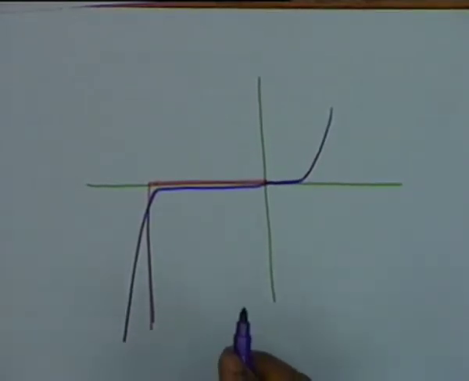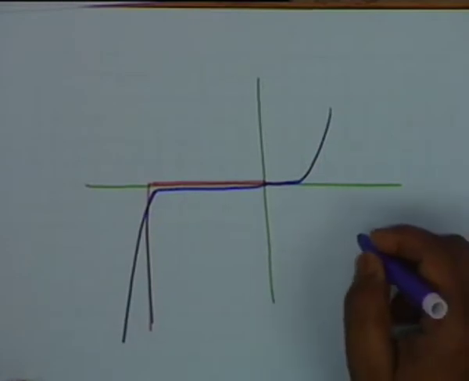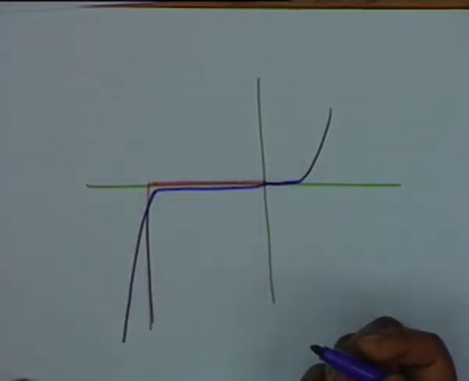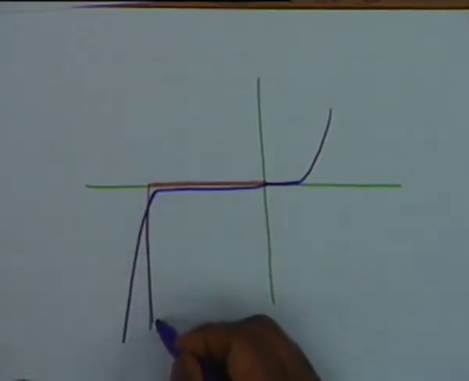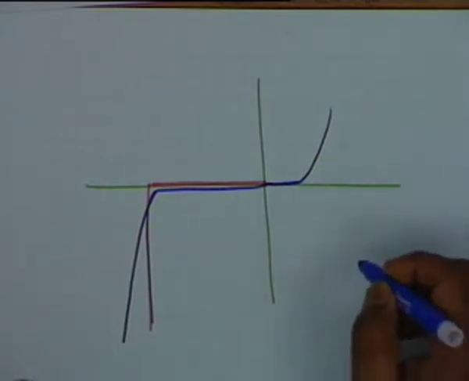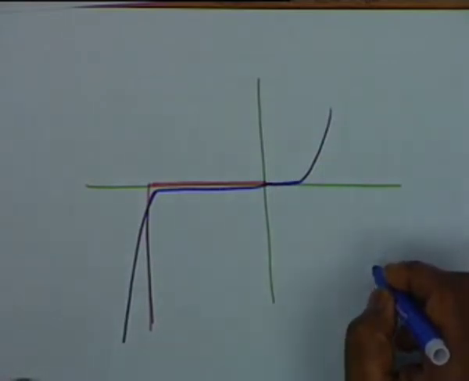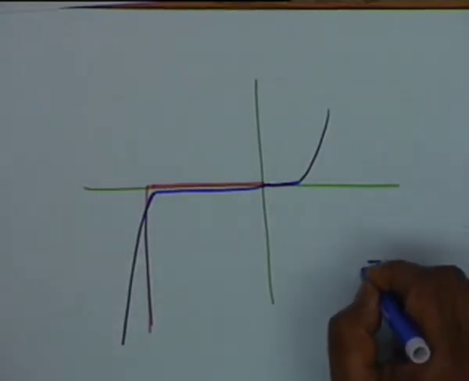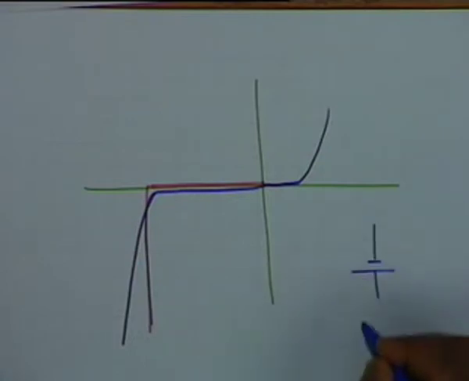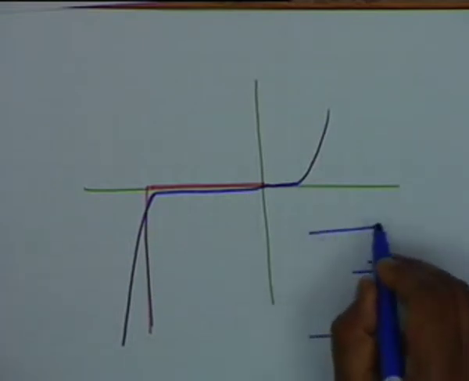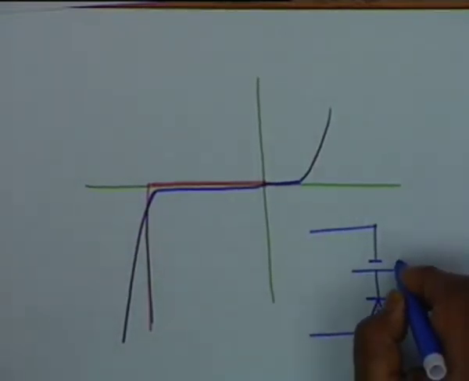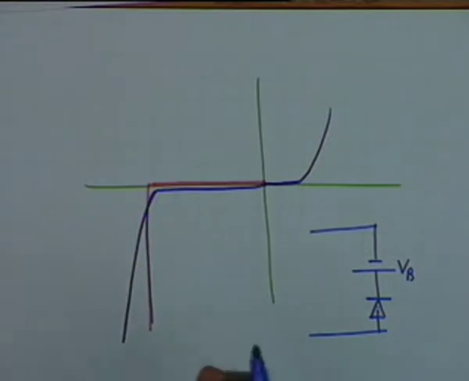All right. Now, how do you represent the Zener diode? What circuit model do you use for the Zener diode? Well, if I use the red approximation, then obviously all that I have to do is that there would be a threshold voltage, and this is good enough. We have an ideal diode in conjunction with a threshold voltage, which obviously is the breakdown voltage, the voltage at which breakdown occurs.